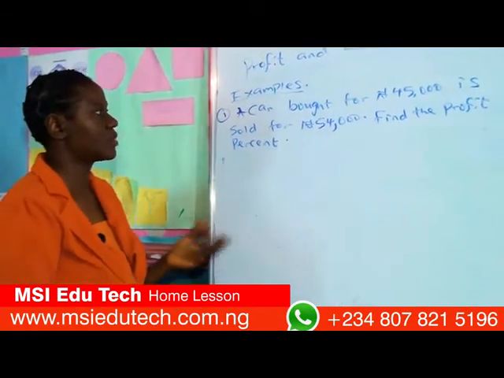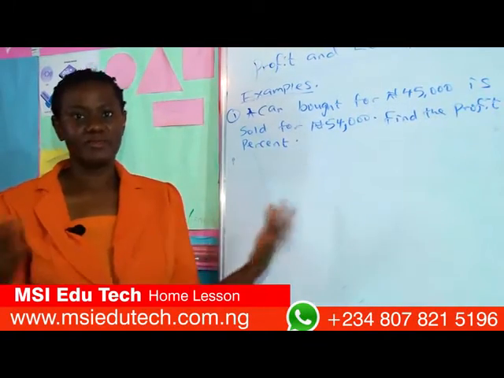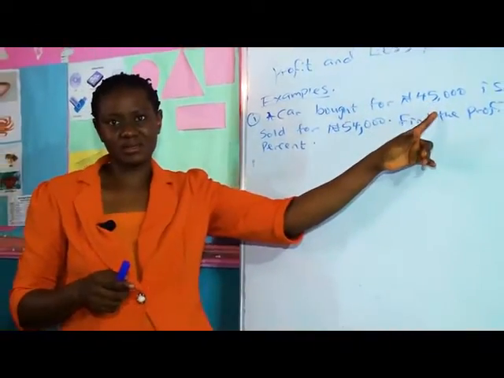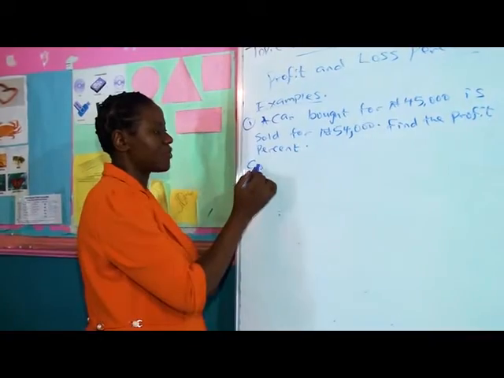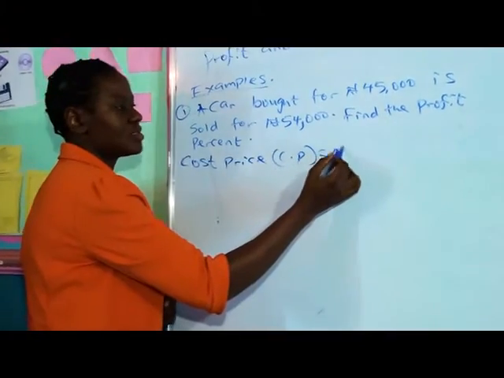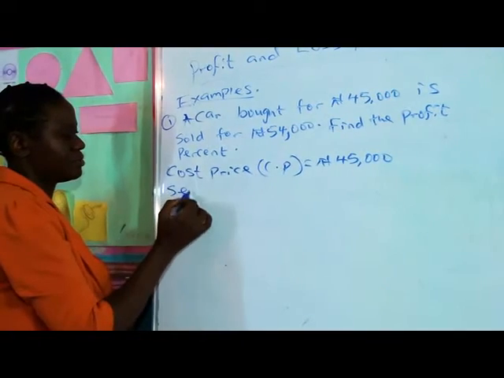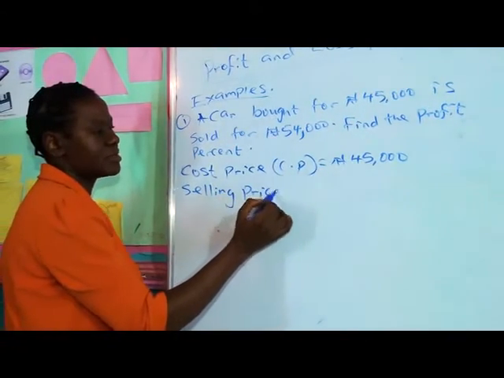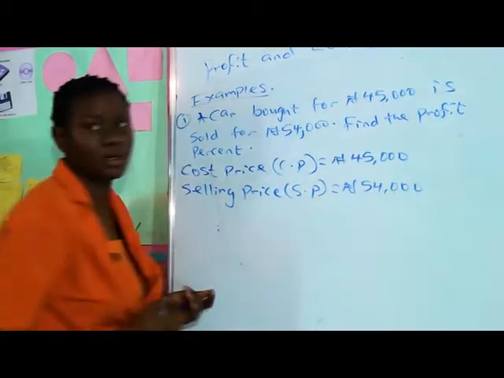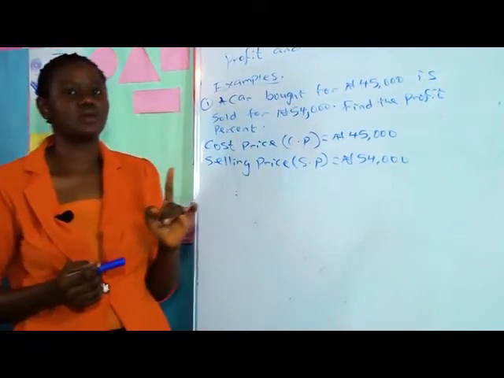Find the profit percent. From this, we can find the cost price and the selling price, then calculate if there is a profit or a loss. The cost price, CP, is 45,000 naira. The selling price, SP, is 54,000 naira. The selling price is higher than the cost price, so a profit was made.